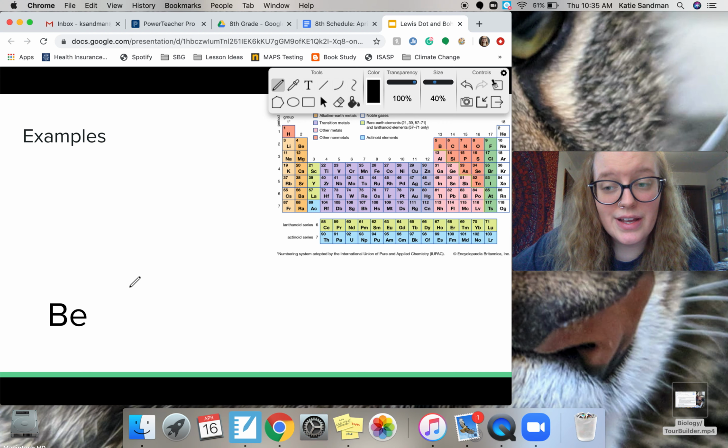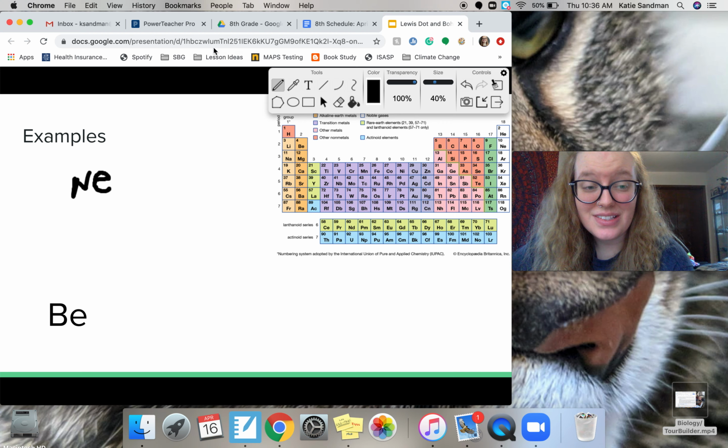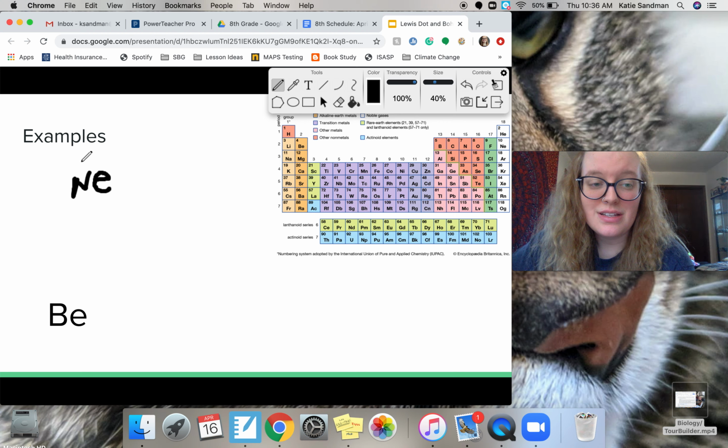So when you draw it, just know that, let's say I have Ne, and I don't remember if this is an example or not, so if it is, then we'll just ignore it. But Ne, it's in group 18, so it's going to have 8 electrons in it. So when we draw it, we're going to put 1, 2, 3, 4.